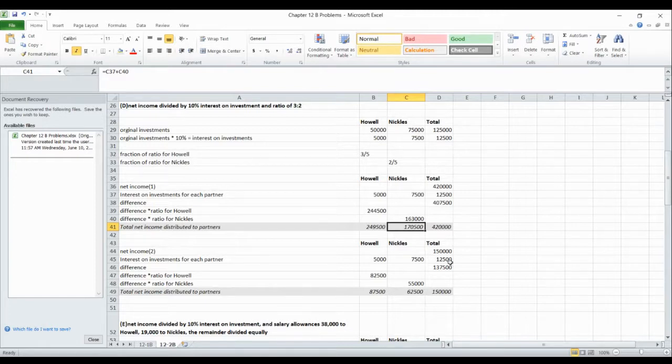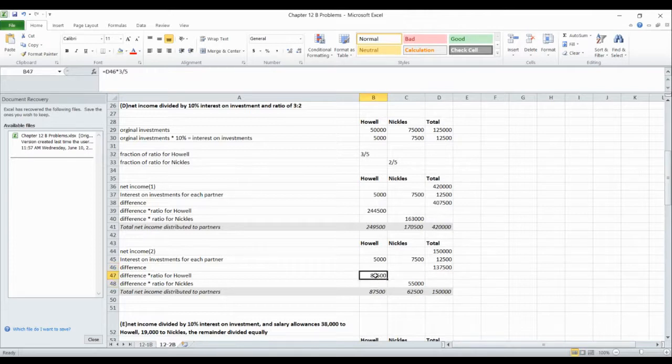This time we are going to subtract this 12,500 from the 150,000, and that will give you the difference that is to be split by the ratio for Hal. The ratio for Hal is still going to be 3/5.